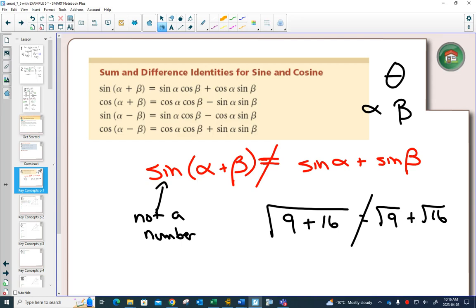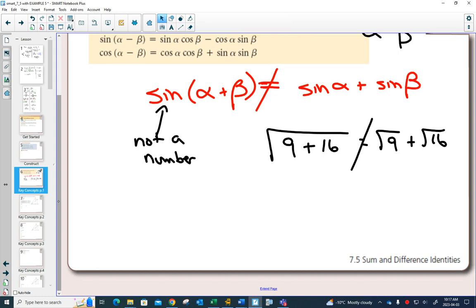Here's a good example of why this doesn't work using our pi plates. You remember what sine of 30 degrees is? And you remember what sine of 60 degrees is? So if I write 30 plus 30 inside the brackets, this is basically sine of 60 degrees.